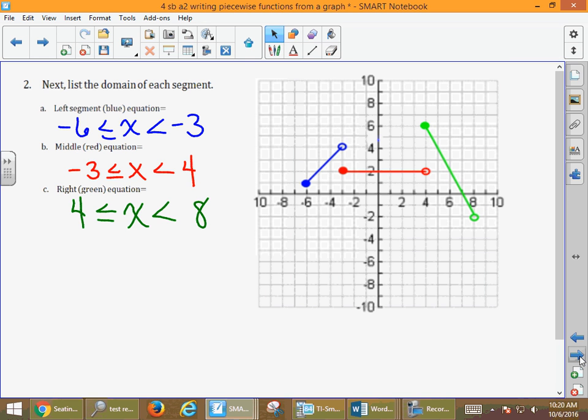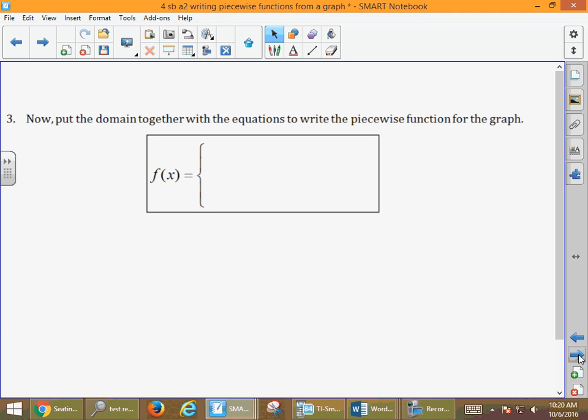So once we identify the equations of our segments, once we identify our domain, then we can put the entire function together. And what we do is we write down our equations. Well, our first equation was x plus 7.